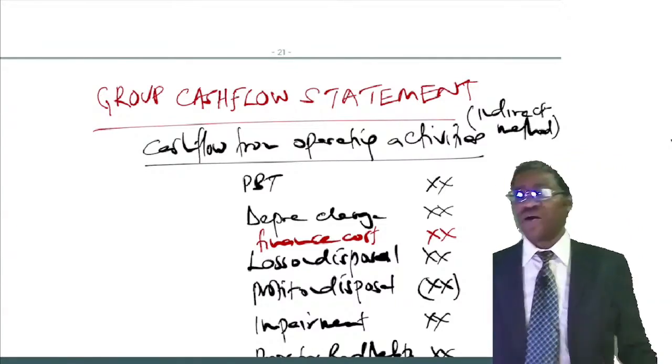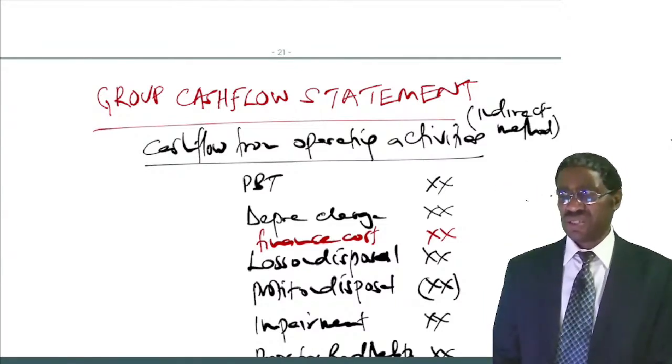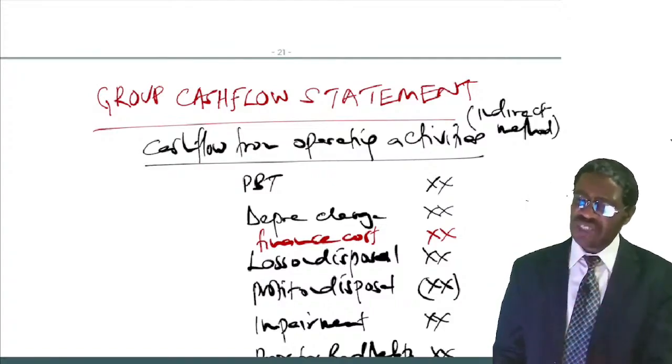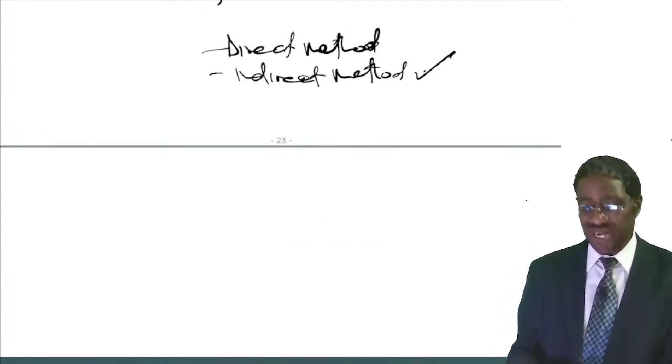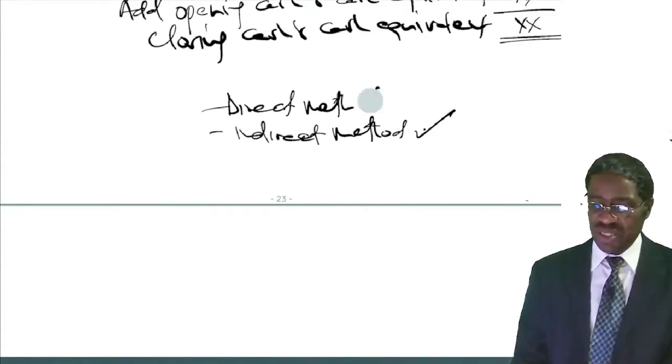Okay? Now, the question is, how do you present your cash flows from operating activities using the direct method?